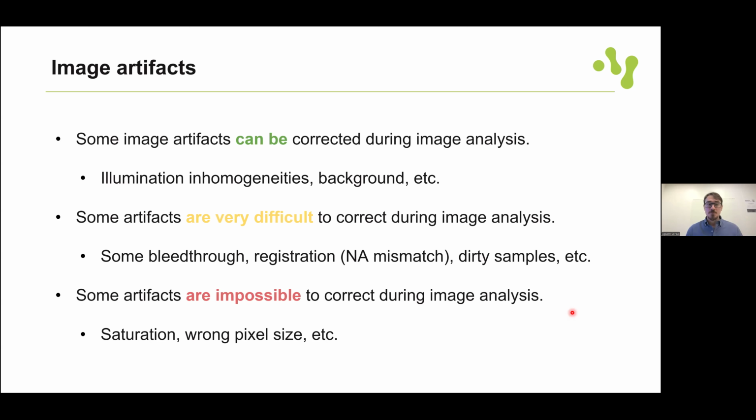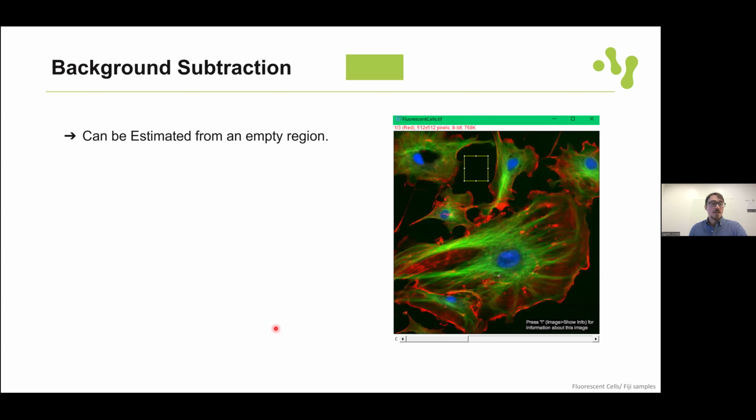Some of the image artifacts I'll mention can be corrected during image analysis, like illumination inhomogeneities or background. Some are very difficult or even impossible in some specific cases: bleed-through sometimes, registration sometimes, well, dirty samples. And some others are actually impossible because we lost information during the acquisition, such as saturation or wrong pixel size.